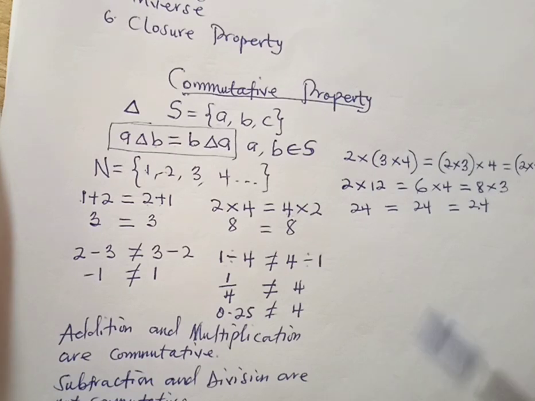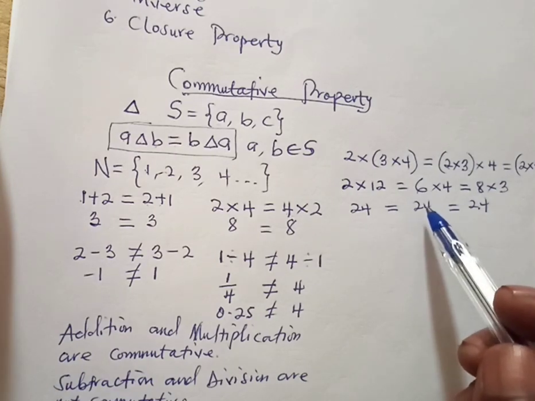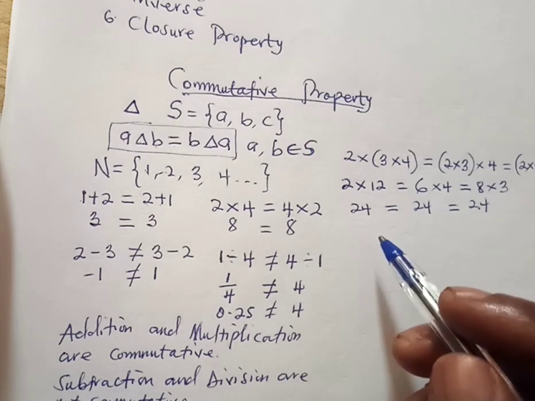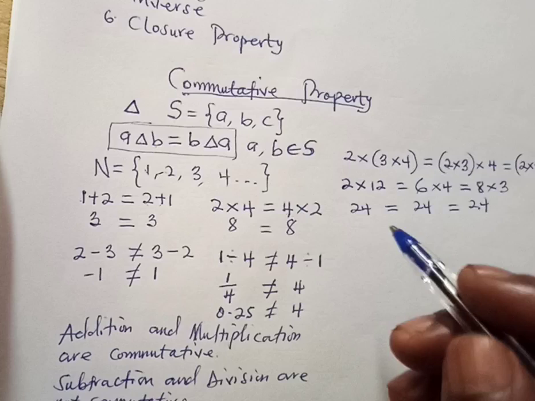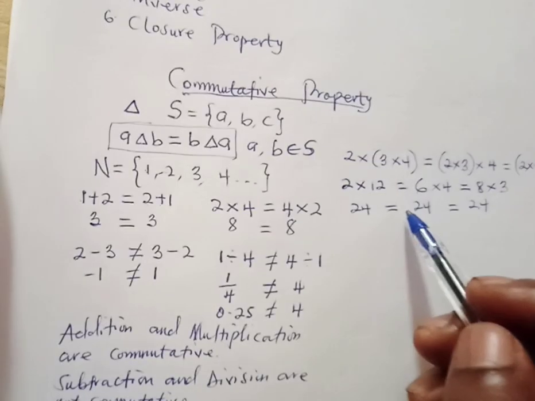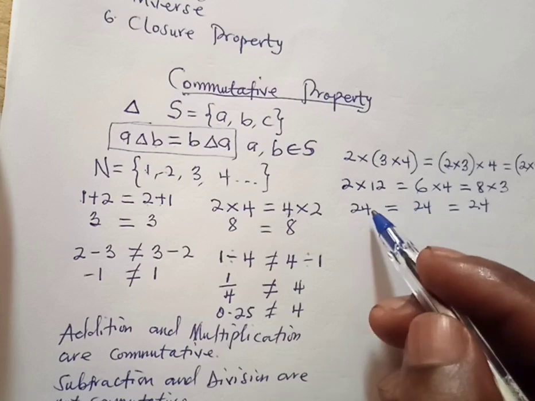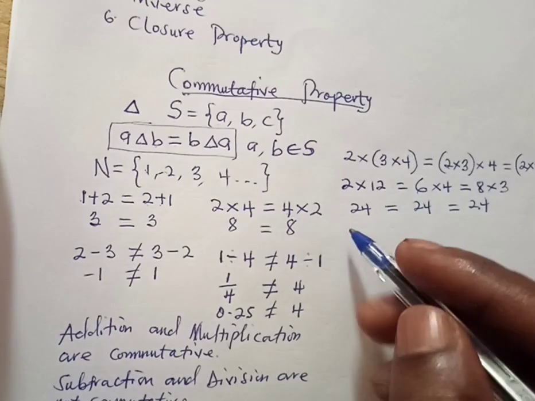So addition and multiplication, both of them are associative. Let's try subtraction and division and see if they are also true. So we are still using the same numbers.